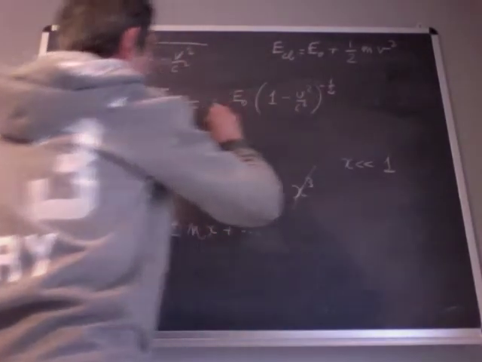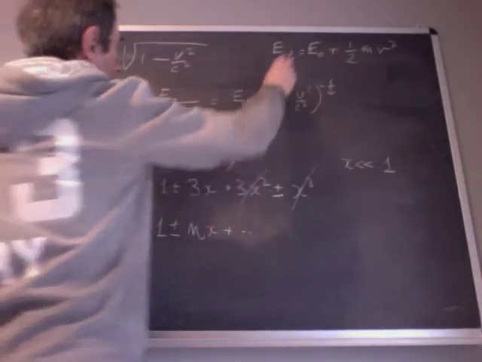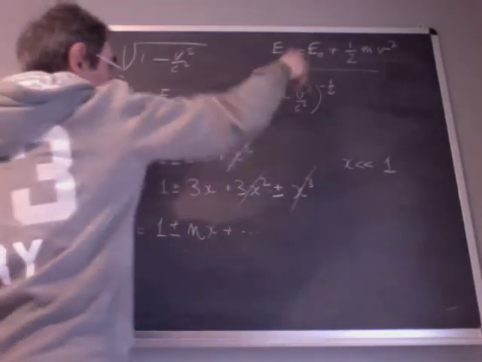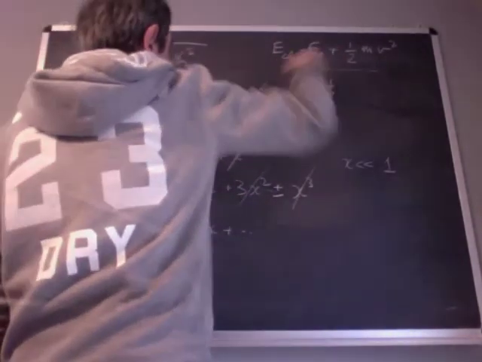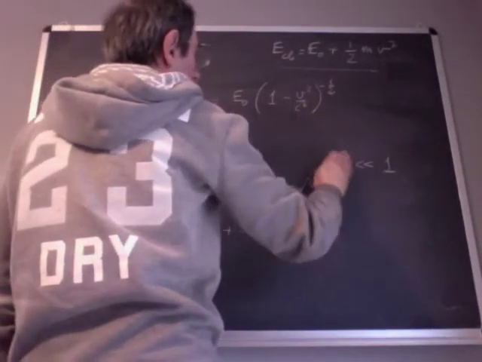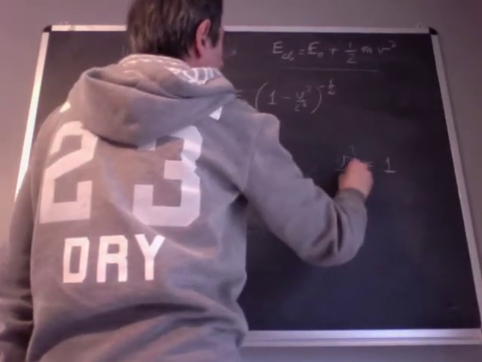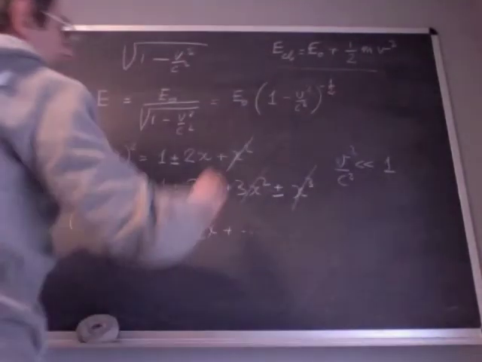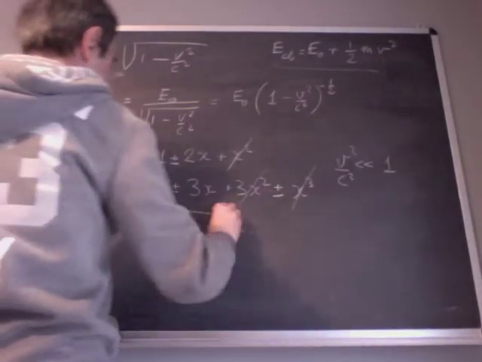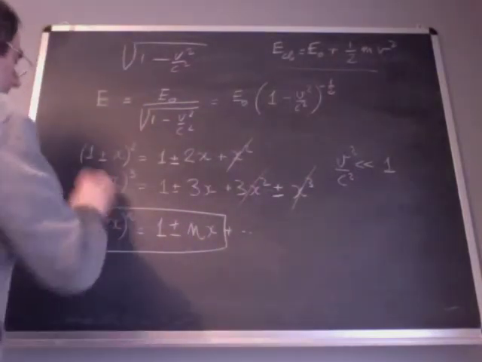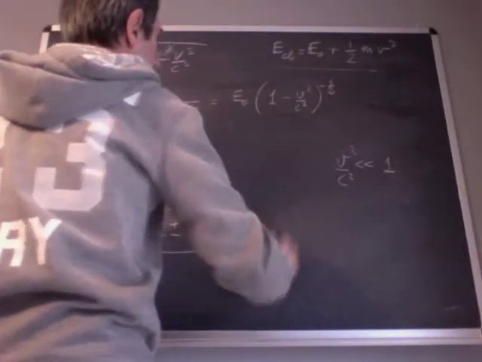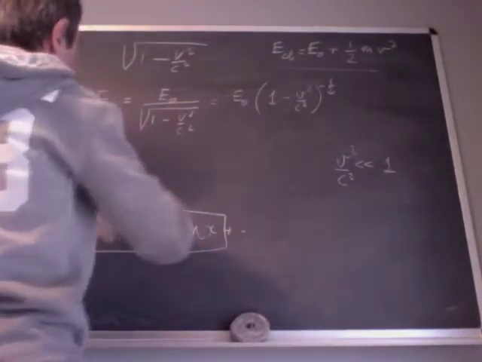As we know, in the classical approximation, v square over c square is much smaller than 1. Okay, so I can use this formula here applied to the expression of the energy.